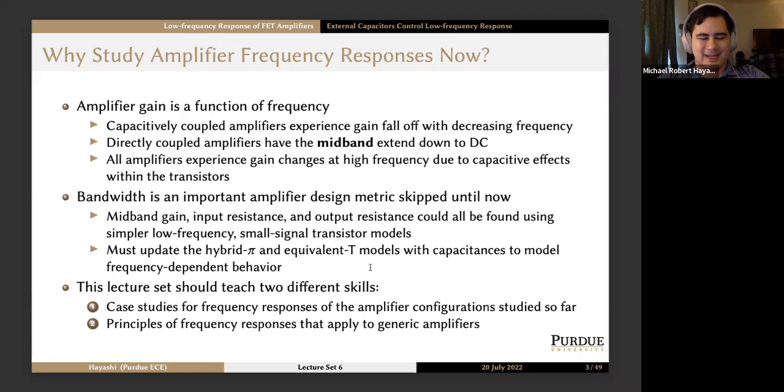I can't really do too many other examples. There's not something new per se I can throw out at you. All you can do is change the surrounding circuit. And then we'll also deal with principles of frequency response that apply to generic amplifiers.